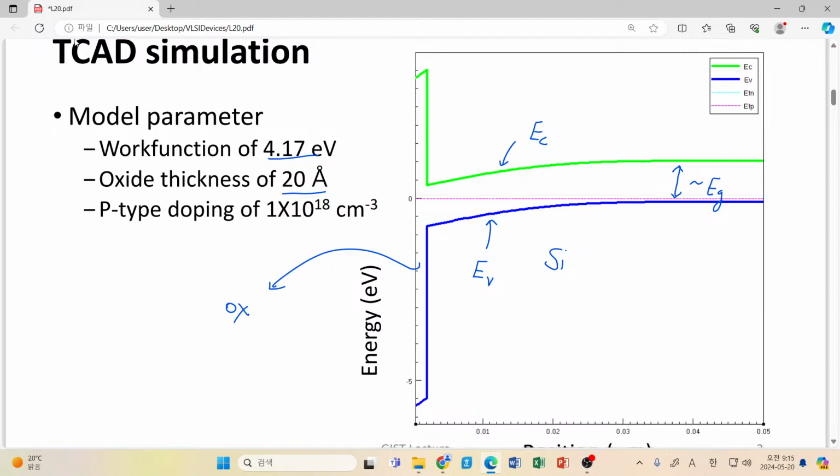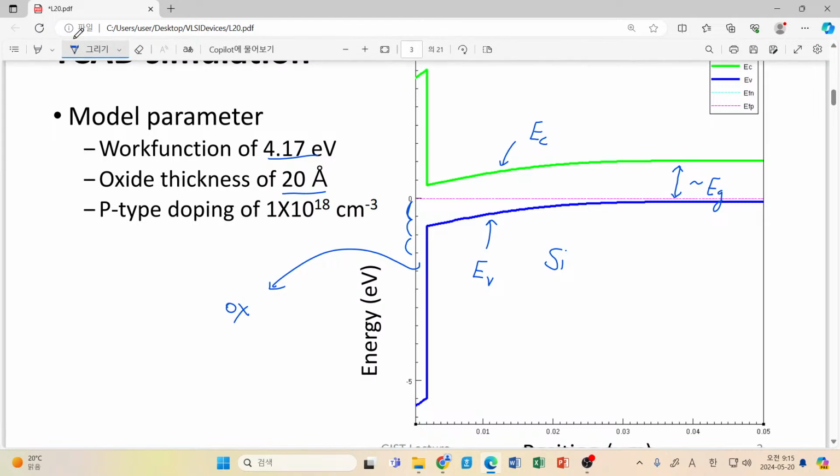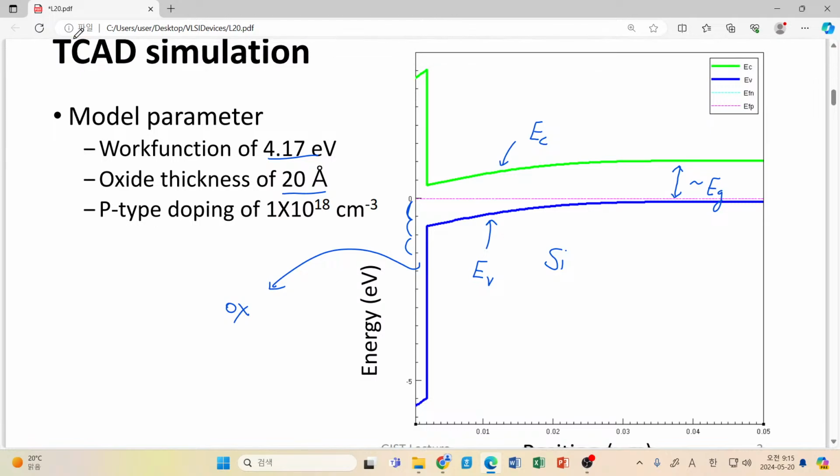Okay, you know that this is around 1.1 electron volt, and you can understand this is really the case. Each tick is placed every 0.5 electron volt, so two ticks correspond to 1.0 electron volt. You can easily understand the distance is quite close to 2 ticks. So yes, this is silicon's band gap energy.